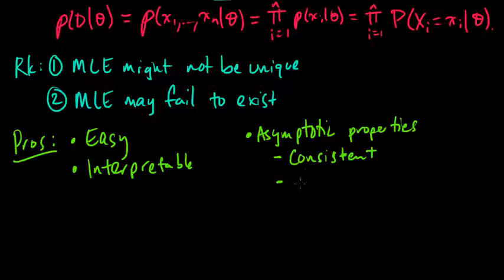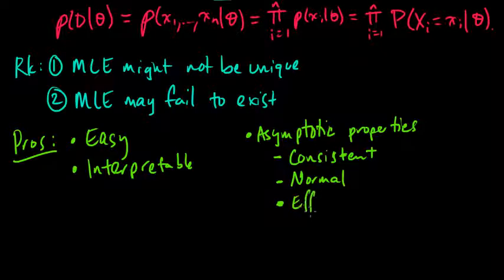So it's asymptotically consistent, and it's asymptotically normal, in the sense that when n is very large, its distribution looks normal, and that can be formalized. It converges in distribution to a normal when appropriately rescaled.